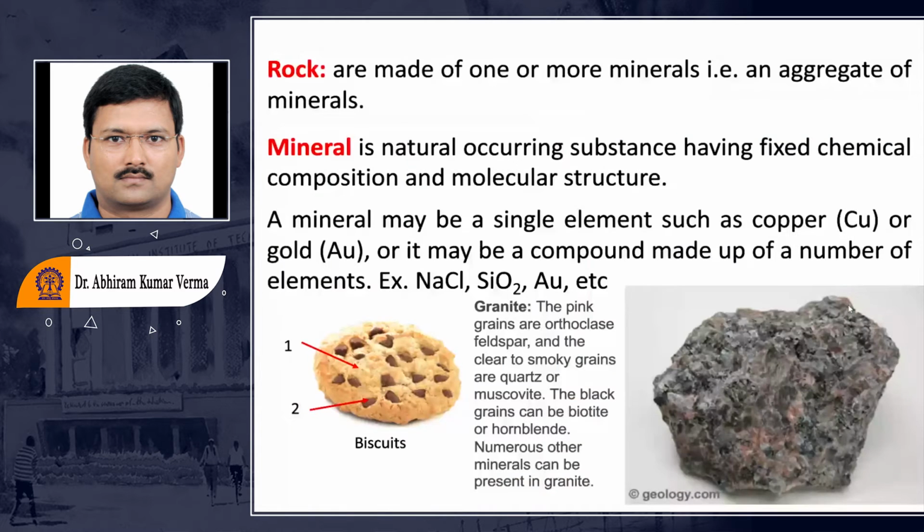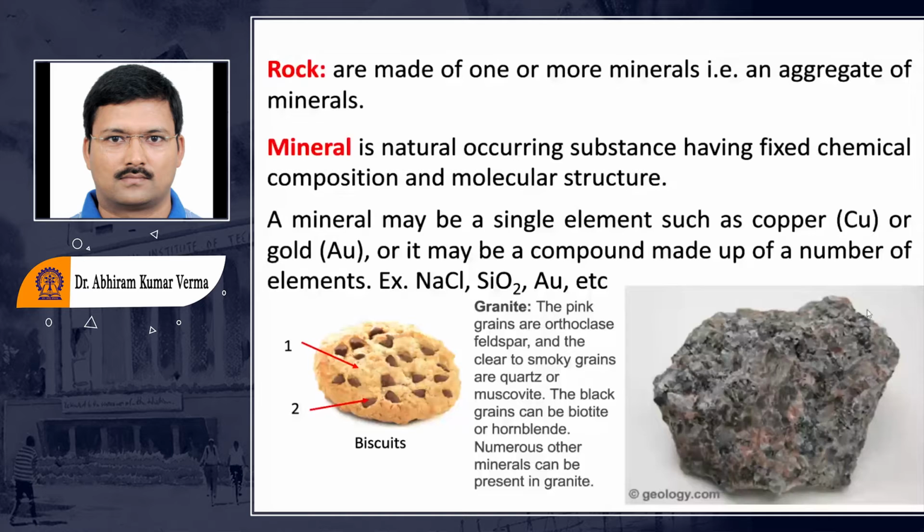So you might have known about rocks and minerals from your school times itself. Like, rock is made of one or more minerals, and a mineral is a naturally occurring substance having a fixed chemical composition. So we are starting with this definition. We are continuing with whatever you have studied in your school time, and now we are extending into the engineering application of these rocks.